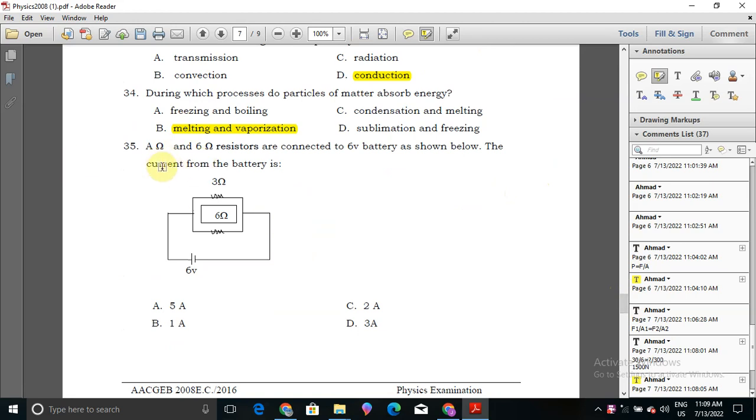We have, it should be here, 3 ohm and 6 ohm resistors are connected to a 6 volt battery as shown below. The current from the battery is what?